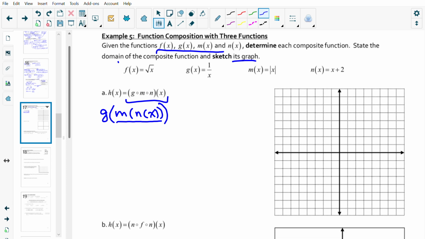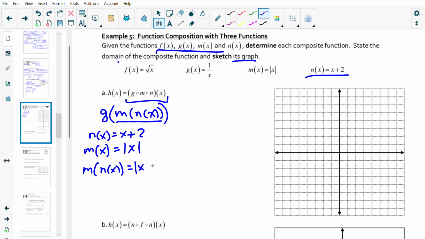So I'll take n of x and substitute it into m of x, which is just absolute value of x. So n of x goes into absolute value of x. I get m of n of x equals absolute value of x plus 2.